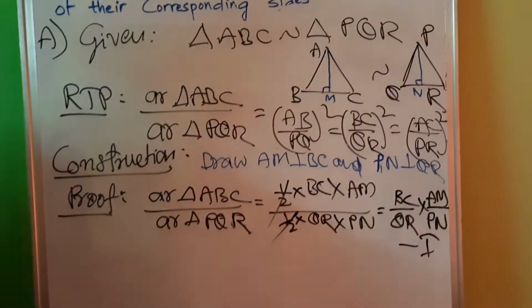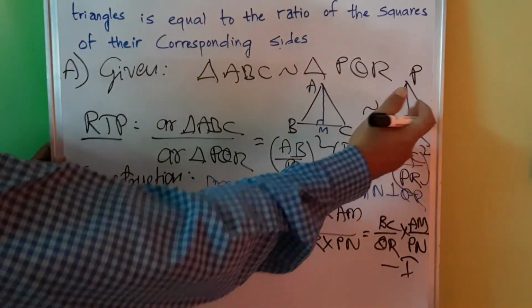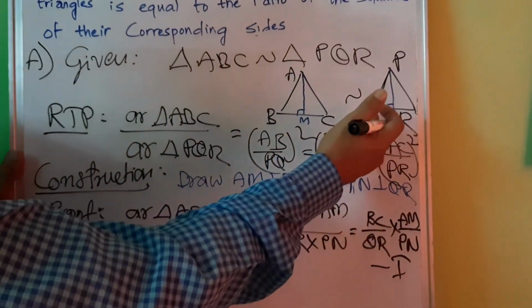And next, these two triangles are similar. ABC is similar to PQR. That is given.